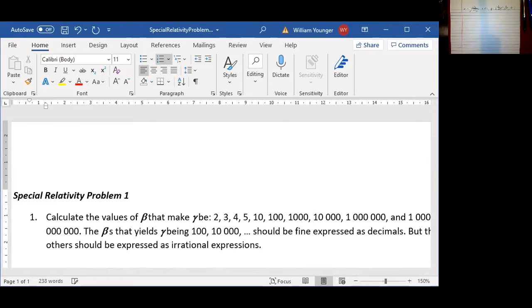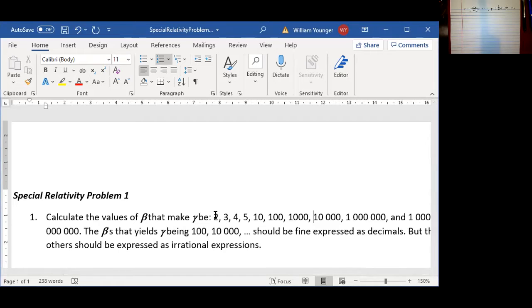From that, I'd like you to look for patterns, but it's also useful to have some idea what velocity something must have in order to have a relativistic factor of 2. A relativistic factor of 2 literally means the proper time multiplied by 2 is the time that someone else would see if you happen to be traveling at that speed.